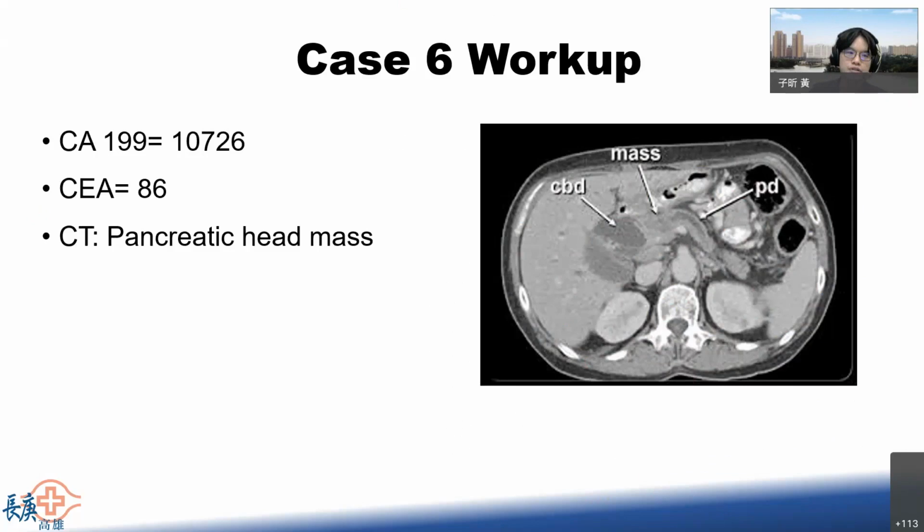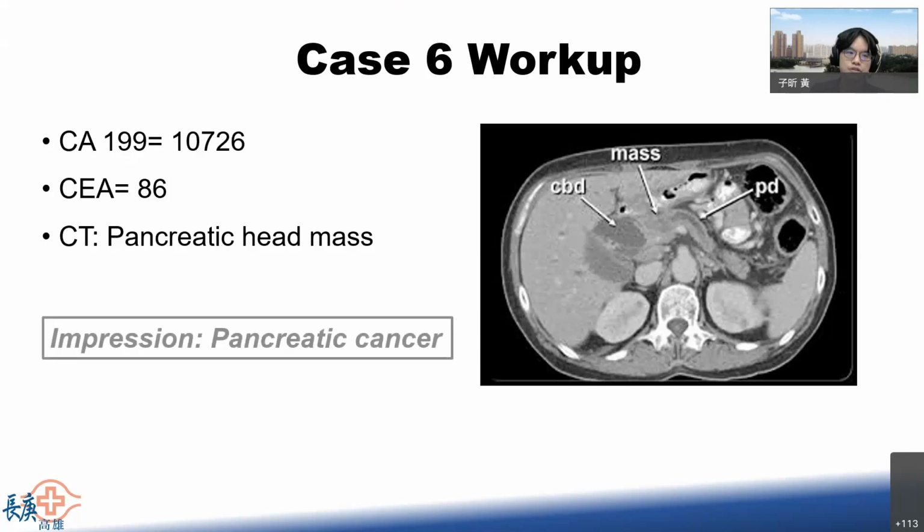And so you check for some tumor markers, and you see that there is an elevation, and the CT shows a pancreatic head mass. So what is the impression here? The impression is probably pancreatic cancer.